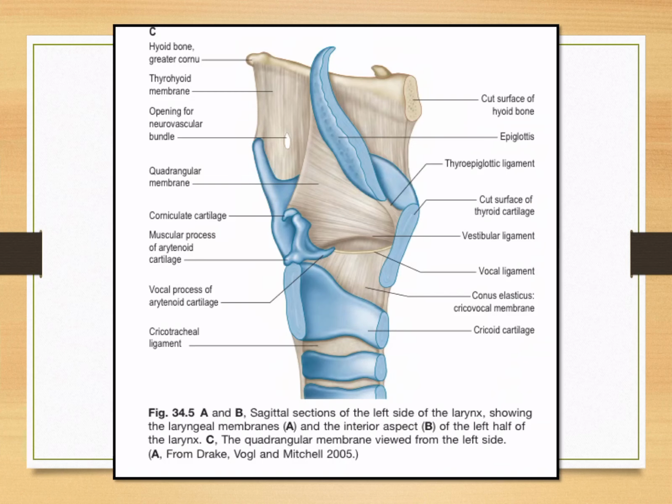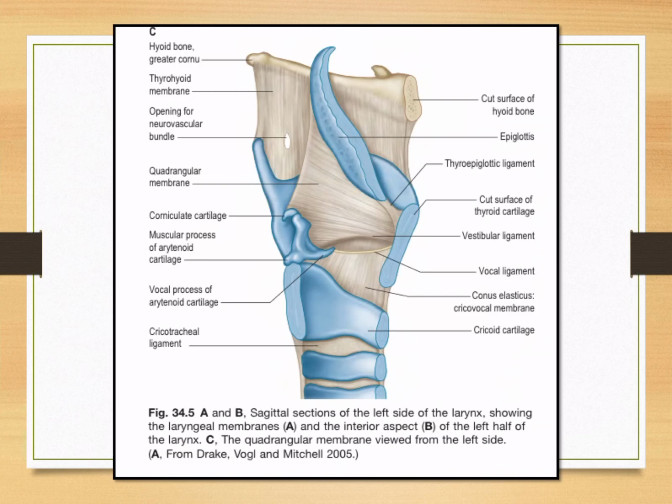That lower free margin is a thickened lower free margin of the quadrangular membrane that is known as the vestibular ligament. It is attached slightly on the paramedian side of the inner surface of the thyroid cartilage.